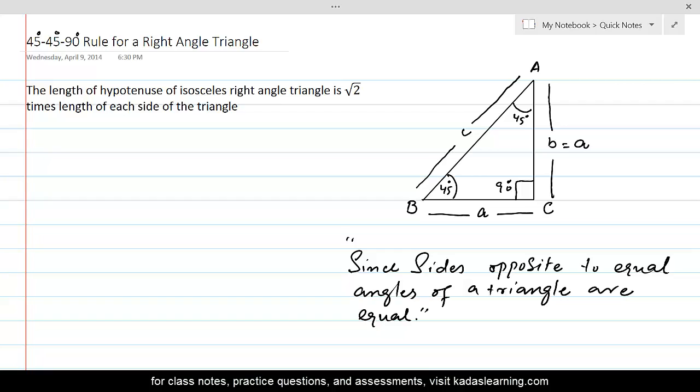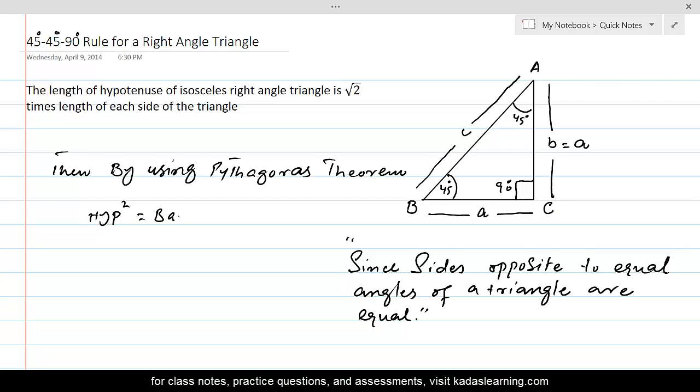If that is the case, then by using Pythagoras theorem. What is Pythagoras theorem? Pythagoras theorem states that hypotenuse square is equal to base square plus perpendicular square.